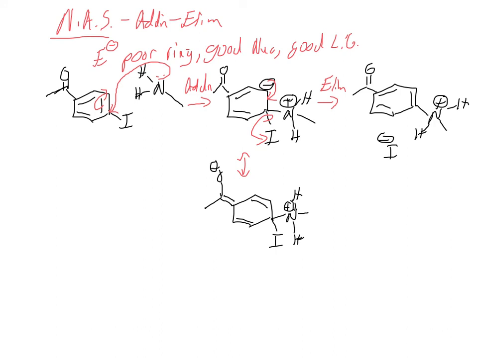So again, no ortho, meta, para directors. We add in, we can't do SN2, we put the negative charge up here. Electron withdrawing groups can stabilize it by resonance. The negative charge comes down, kicks out what we don't want on the ring at the end. And then at the final step, the I minus just takes the H, and we get our final product.